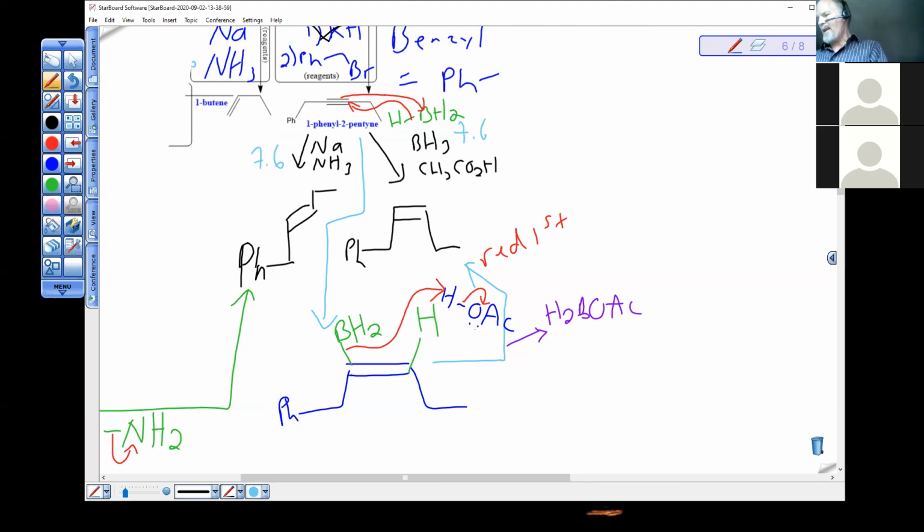Boron lost a bond, and it got it back in a second step. Now O is bonded to boron. So simple one. That one only has 2 steps. Hydroboration followed by protonolysis gives that result there. Okay.